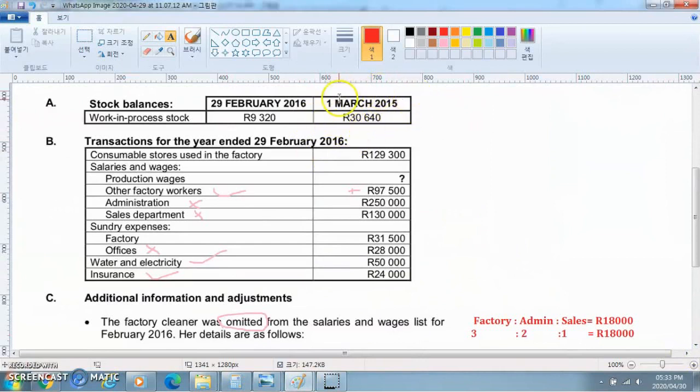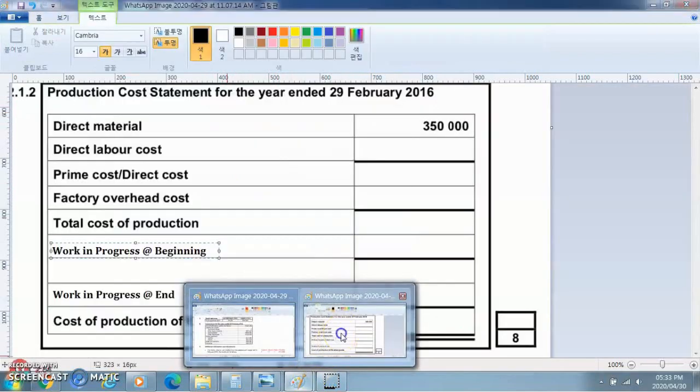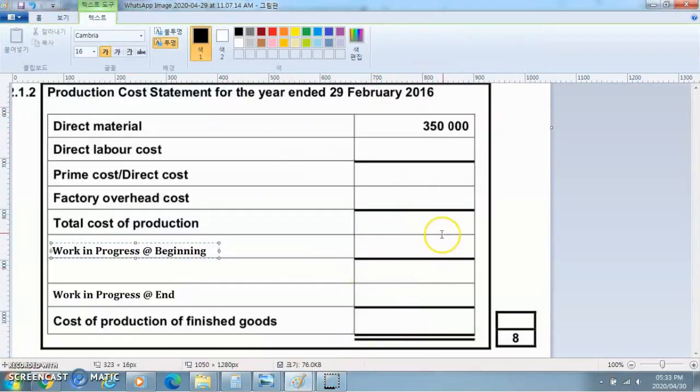30,640 is our opening balance, and then 9,320 is our closing work in progress at the end. Okay, let's put them into the statements. So work in progress in the beginning, we'll just put it here.